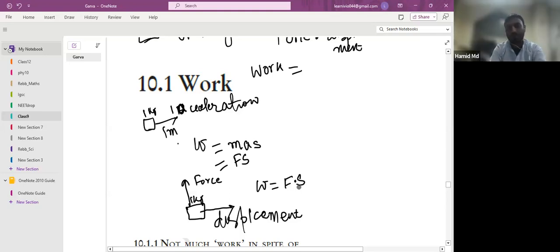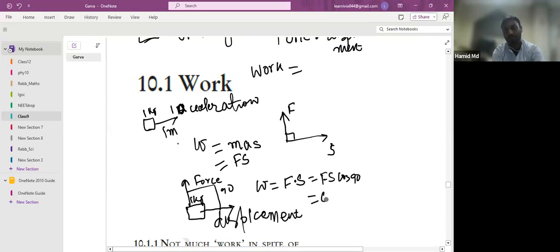So this will be F S cos 90 degrees. The angle between these two is 90 degrees, right? If I draw the free body diagram, force is in this direction and displacement is in this direction, so these are 90 degrees.